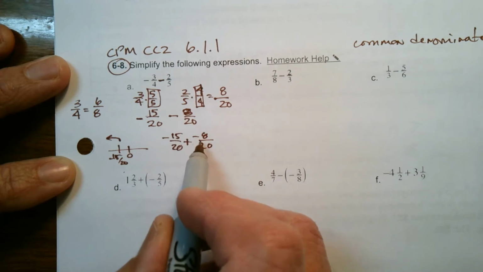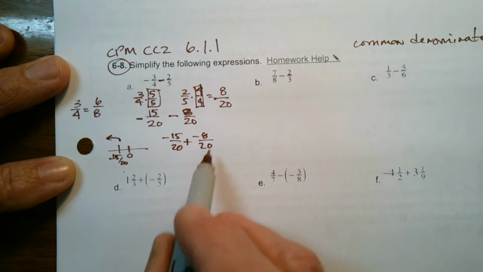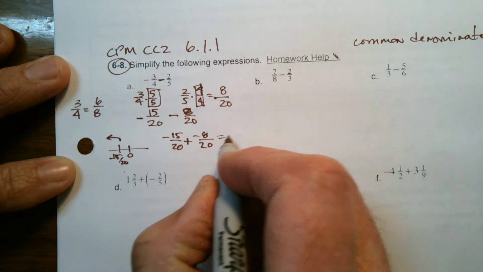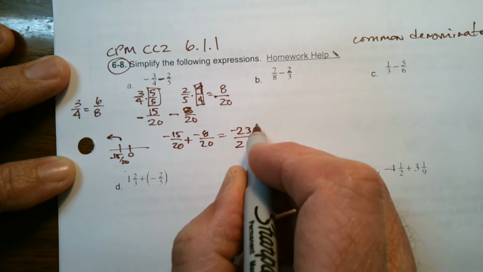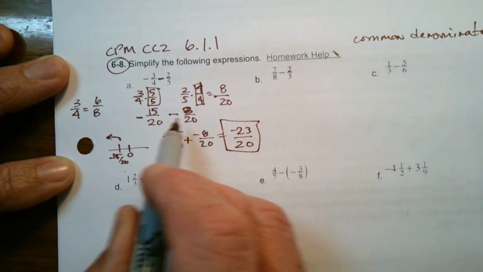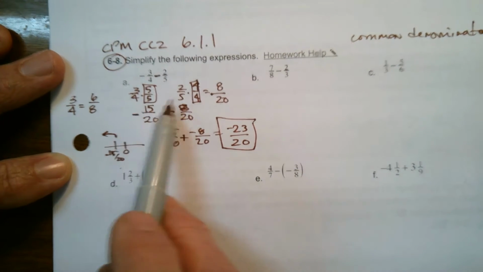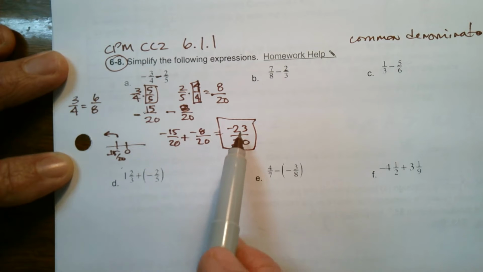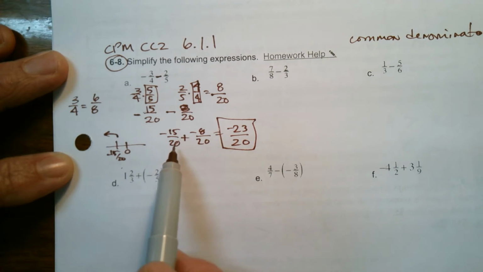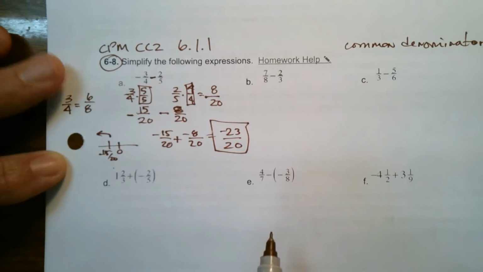When you subtract a positive, it's the same thing as adding a negative. So my final answer here would be negative 23/20. You add the numerators and the denominator stays the same. That's the process of simplifying: getting your fractions to have common denominators and then adding or subtracting, whatever the operation is. So the first one is negative 23/20.